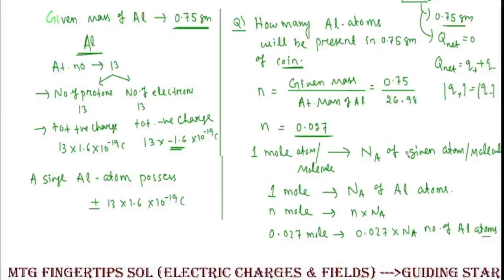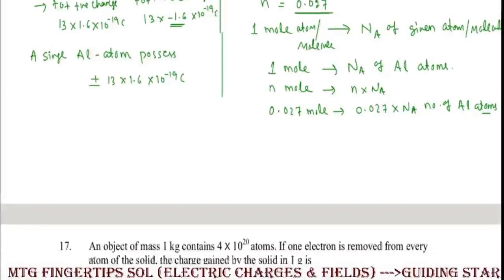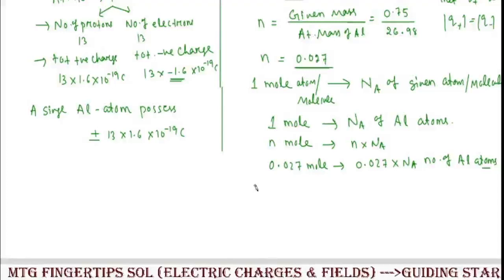और ये मोल कहाँ से निकाला गया, गिवन मास अपन एटॉमिक मास से निकाला गया. क्लियर. So finally here in this particular case, the number of aluminum atoms present in 0.75 gram will be number of 0.75 gram or 0.027 mole.